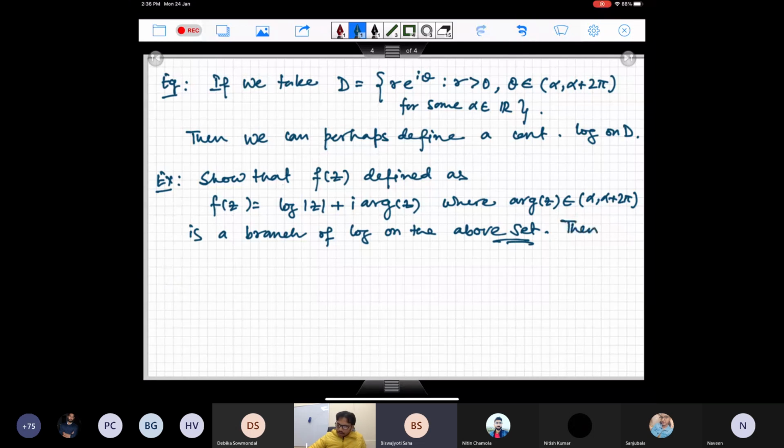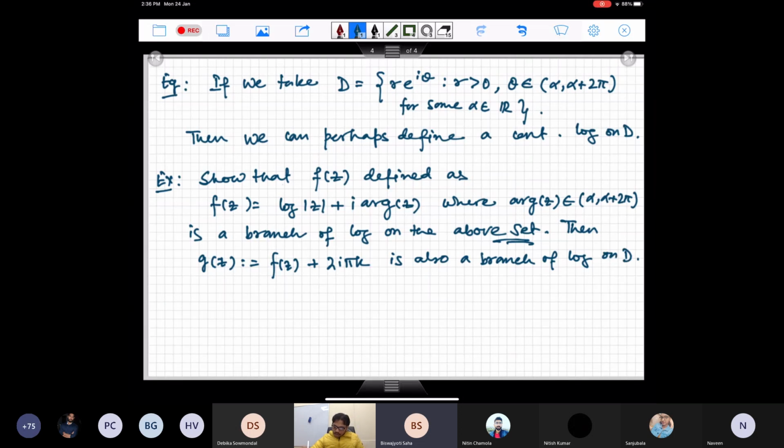Then g of z defined by f of z plus 2i pi k is also a branch of logarithm on D, for any k in Z. So if I have f defined like this, then this f of z is of course a branch of logarithm.